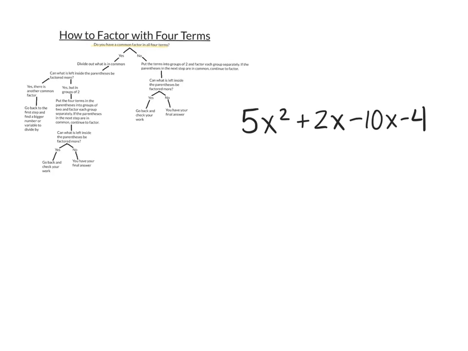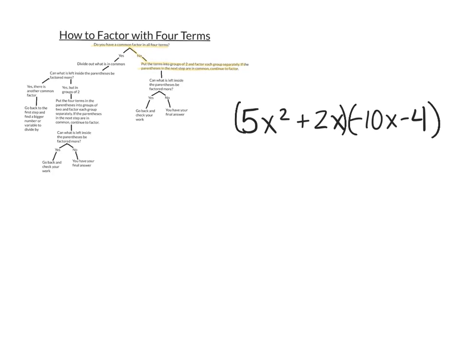We have some things in common in a couple of them, but nothing in all 4. So in this case, we're going to have to follow the no path. So then put the terms in groups of 2 and factor each group separately. If the parentheses in the next step are in common, continue to factor. All right, so we're going to put it in groups then.